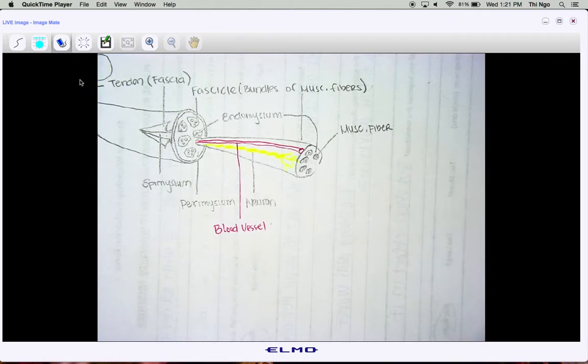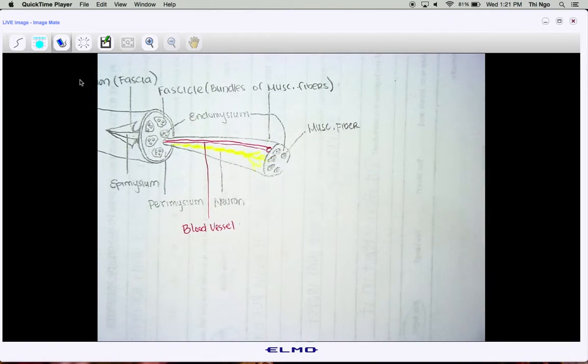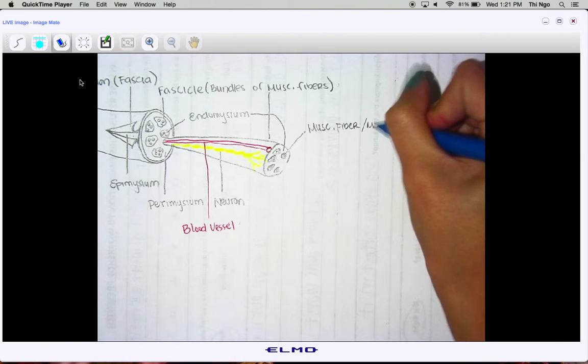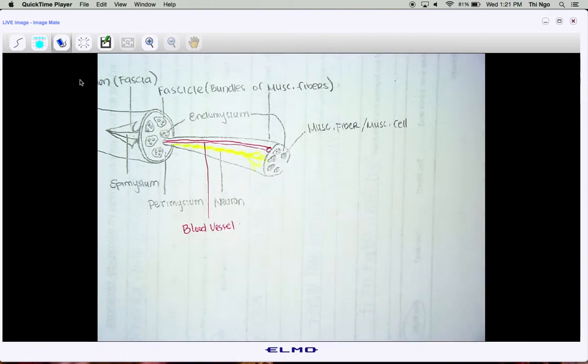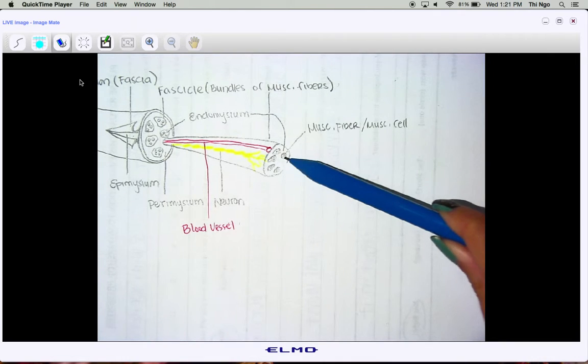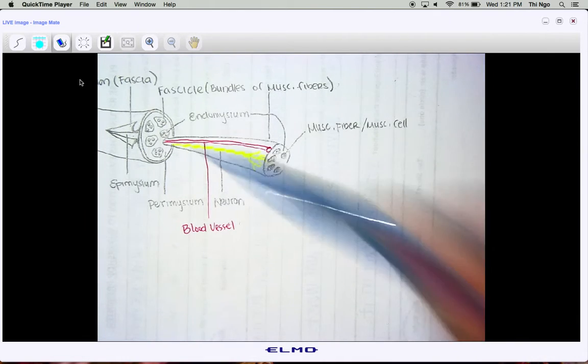And the more common name for a muscle fiber is a muscle cell. So a muscle cell is just like a normal cell, except you call it a muscle fiber instead of cell. And it's just a really, really, really long cell that goes all the way through the fascicle.